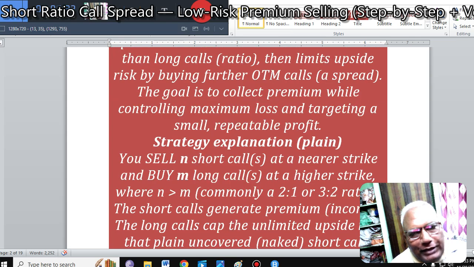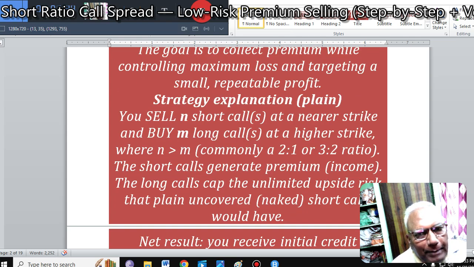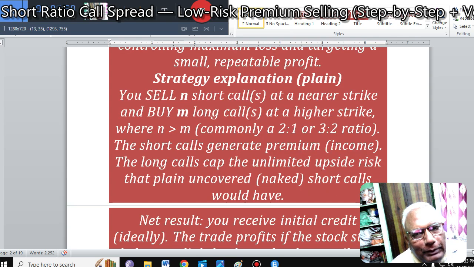Strategy explanation, plain. You sell N short calls at a nearer strike and buy M long calls at a higher strike price, where the ratio is commonly 2:1 or 3:2. The short calls generate premium income.